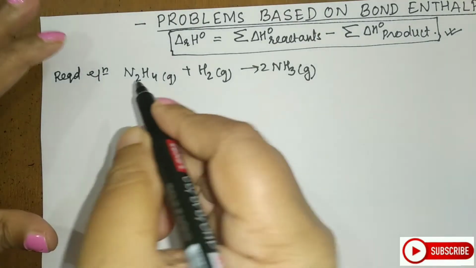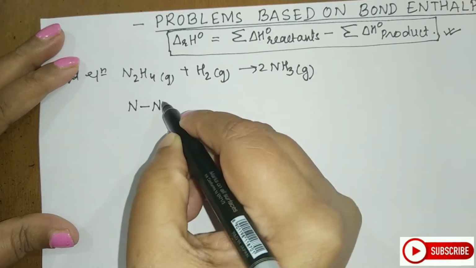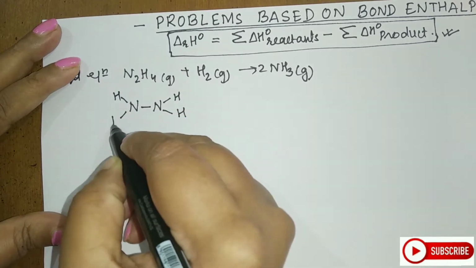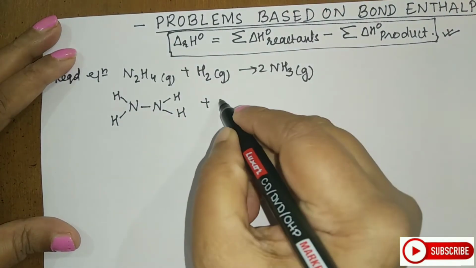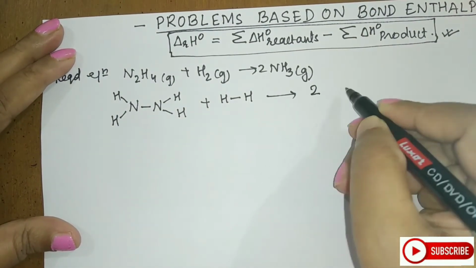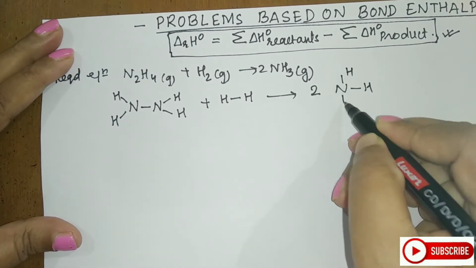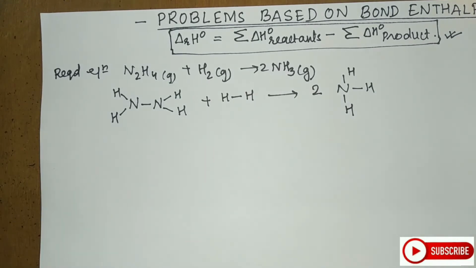So I will write the structure: nitrogen attached to nitrogen and 4 hydrogens in this way, plus hydrogen, written as H-H, gives 2 times ammonia, so it is H, H and H. I have written the structural form of the equation.